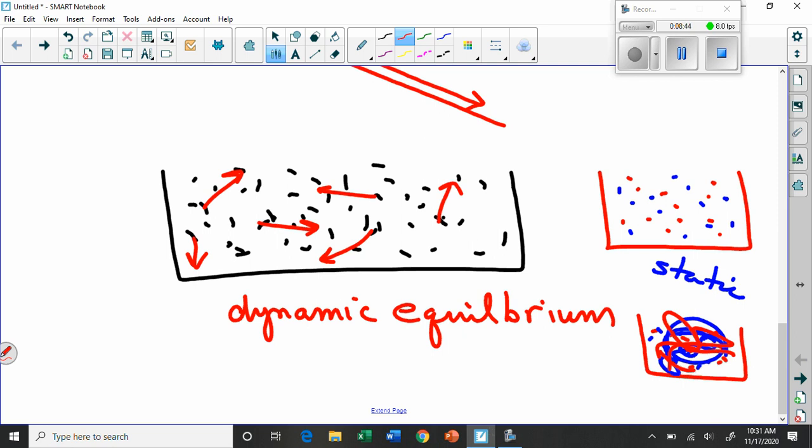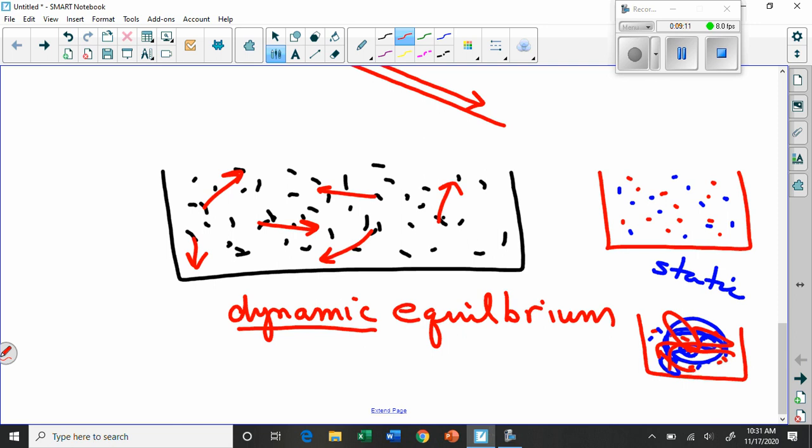The constant movement is not producing any one spot where there's more girls or boys. It's just constant milling about. That's always pretty much balanced. That's what dynamic equilibrium means. And most equilibriums in real life are these kinds of dynamic equilibriums, especially with molecules, because molecules are always moving around.